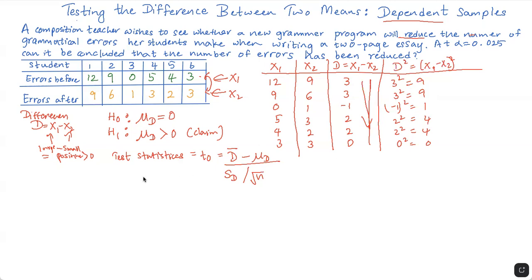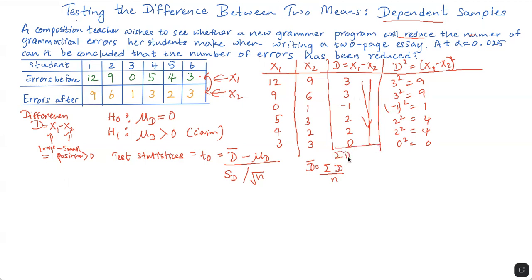And you know D bar is the summation of all the data values divided by the sample size. That's how we calculate the mean, right? So all the D values are there.